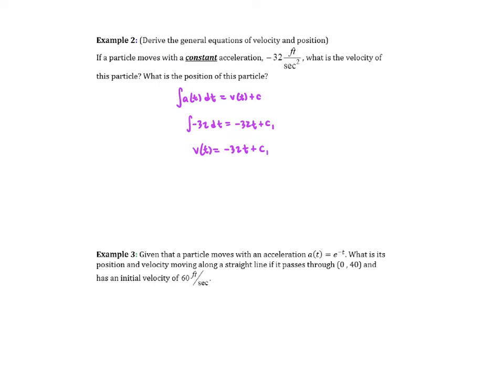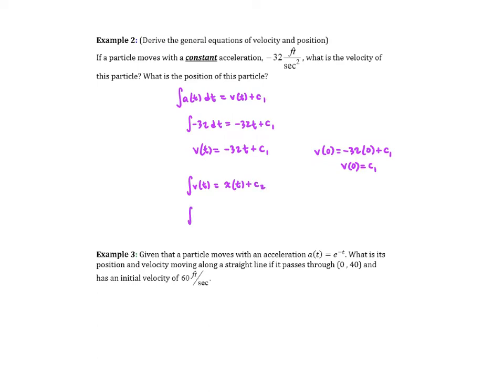Now, just out of curiosity, what would v at 0 be? Well, v at 0 would be negative 32 times 0 plus c1. So v at 0 is actually c1. Okay, so now, continuing on, let's find x of t or s of t based on v of t. So we know that the integral of v of t is equal to x of t plus some constant. I'm going to call that c2.